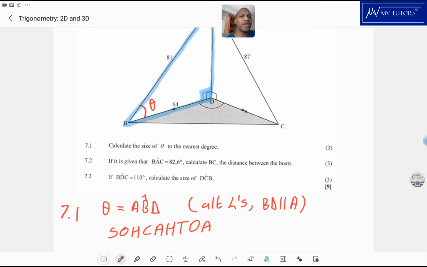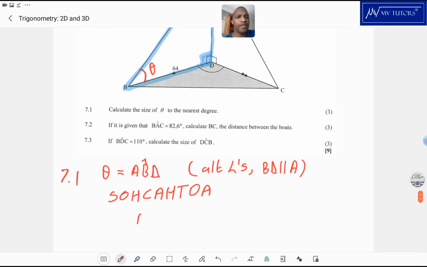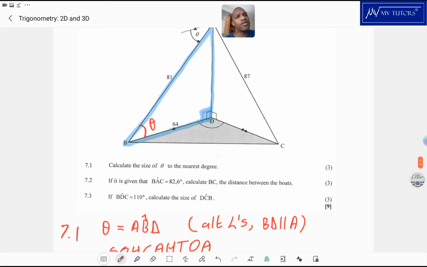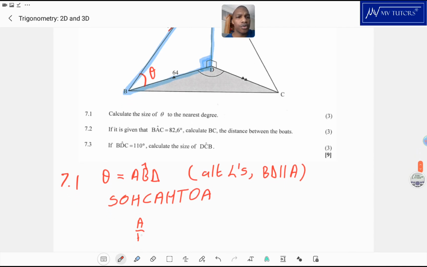So we have 64, which is the adjacent, over 81, which is the hypotenuse. So what do we know that's adjacent over hypotenuse? It's cos. So we know that cos theta is equal to adjacent over hypotenuse.